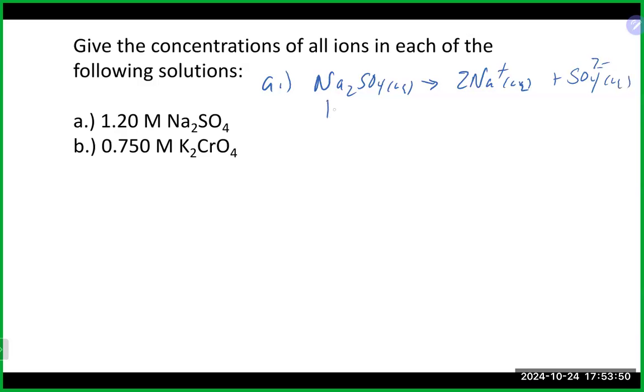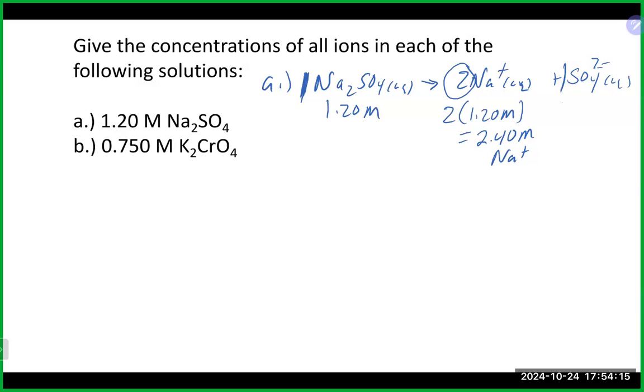Here we do know the concentration is 1.2 molar. So again, we could just do a stoichiometry. It's a 1 to 2 relationship. So for the sodium ions, we would need to take 2 times that concentration, and that would give us 2.4 molar for our sodium ions. When we look at the sulfate, it is a 1 to 1 relationship.